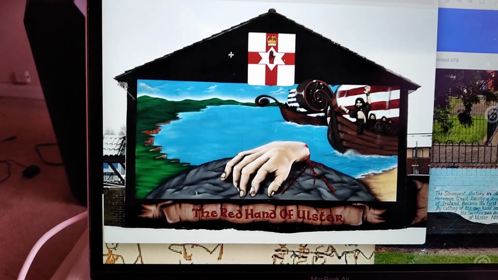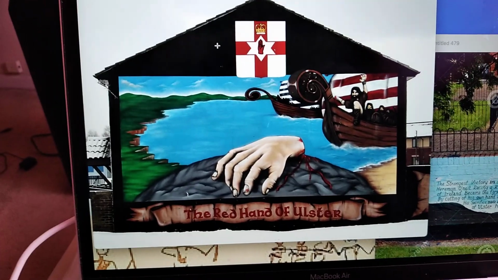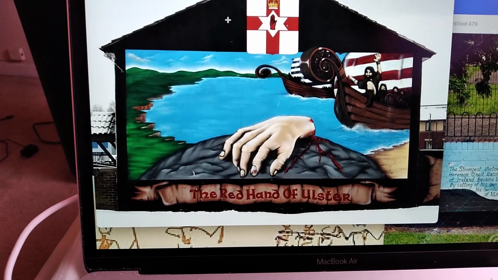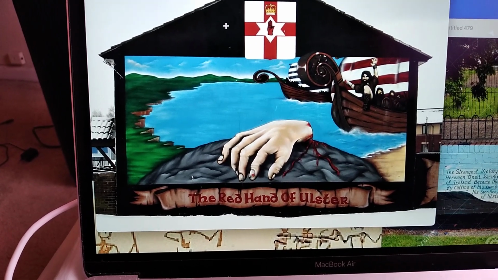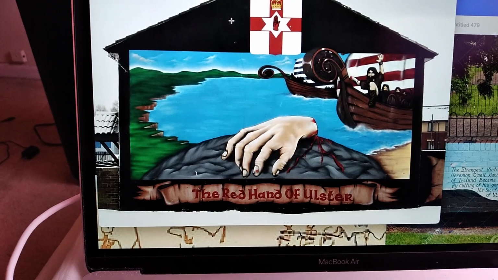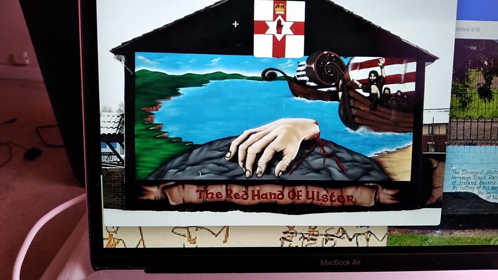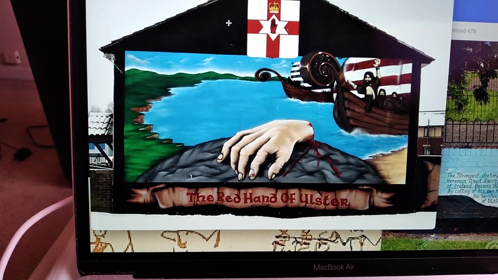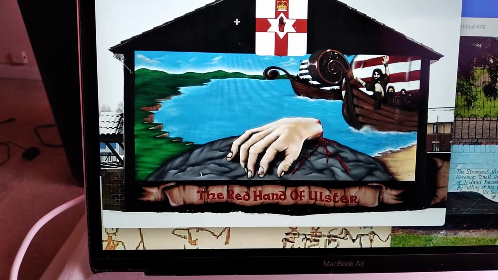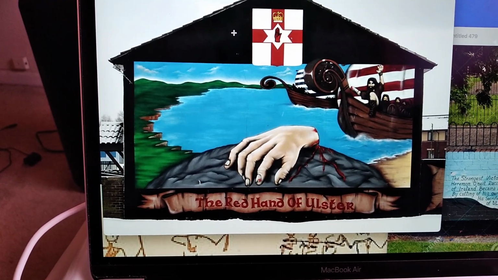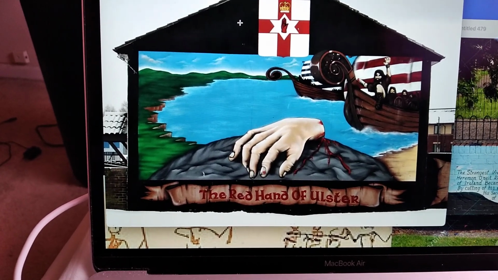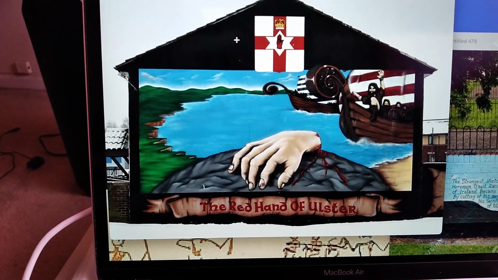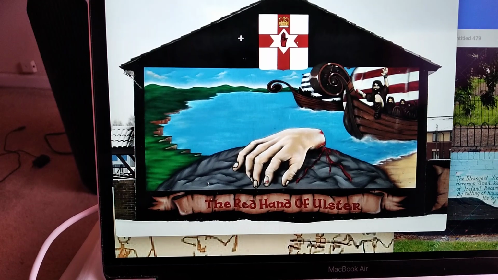So this one shows the boat race across the Irish Sea and the throwing of the hand, which, in this case, is not red per se, it's bloody. It's the version where the bloody hand leaves a mark on the hills, and that would be basically the red of the Antrim Hills.